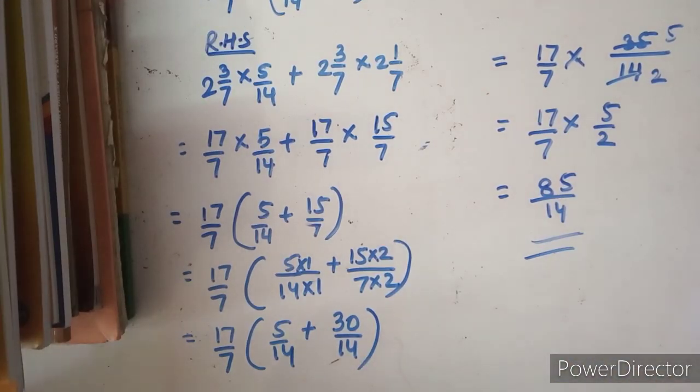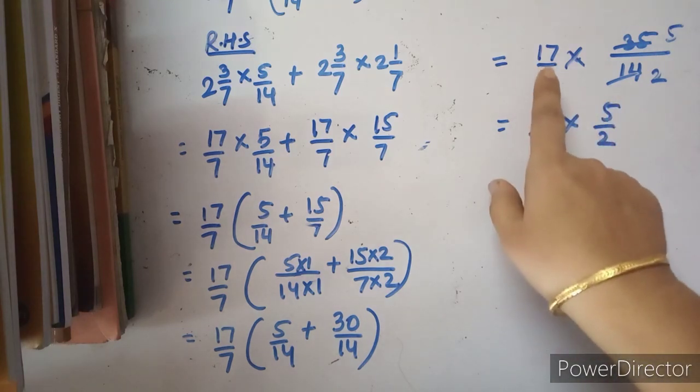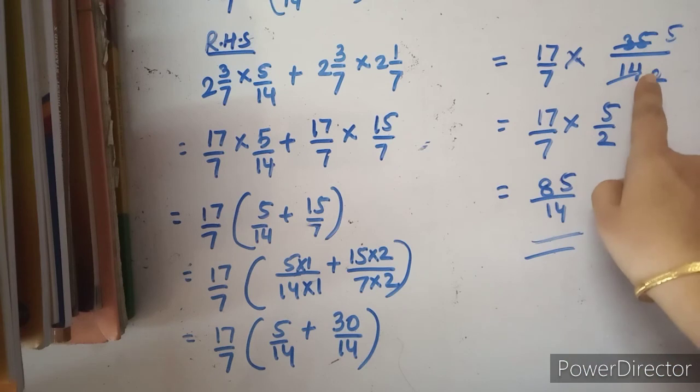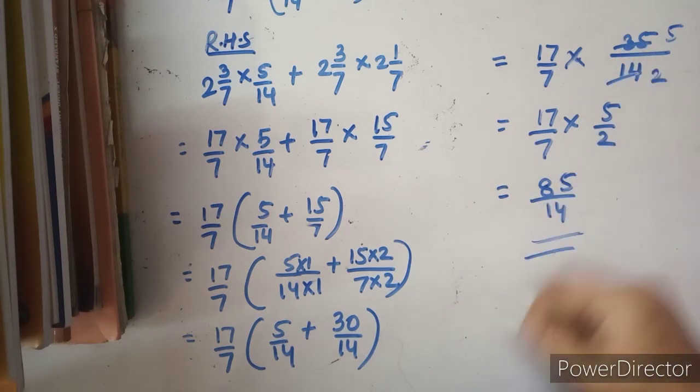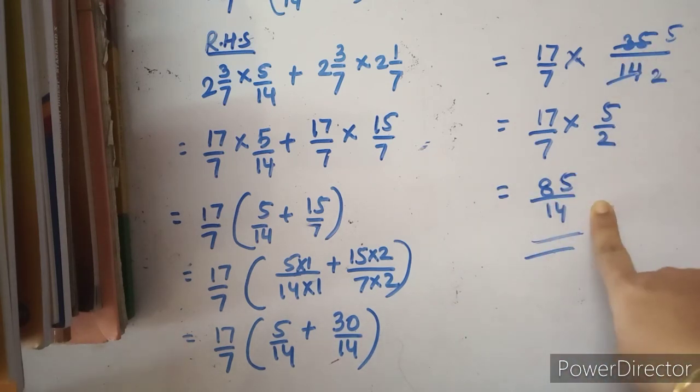सो आप देख पा रहे हो यहाँ पे फिर से आपको 5 + 30 or denominator is 14. Now if you can see here again 17/7 and then 35/14. So similarly again you are getting 85/14.